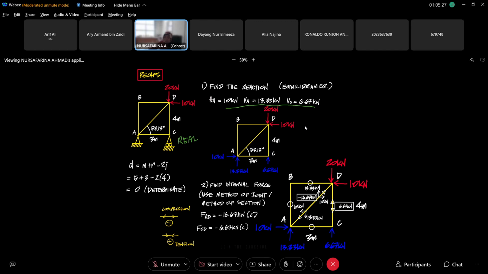Sebab I don't want you to take a lot of time to calculate the reaction. Bila you terlalu lama mencari reaction tersebut, dia akan drag the time. Then you want to find the internal force. Internal force kalau banyak member, dia akan makan masa yang lama.